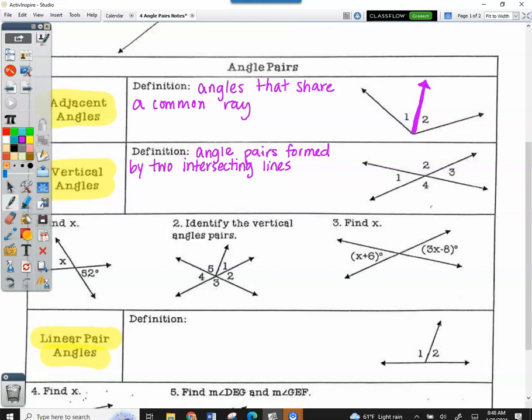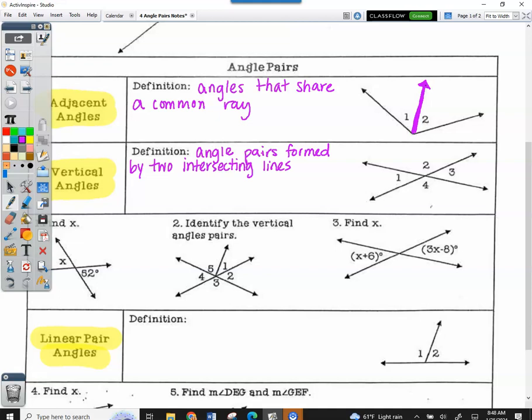If 2 lines cross, you have vertical angles every time. We'll say it again for dramatic effect. If 2 lines cross at all to form some type of X, you have vertical angles every single time.